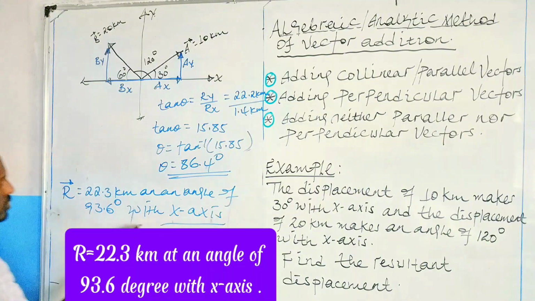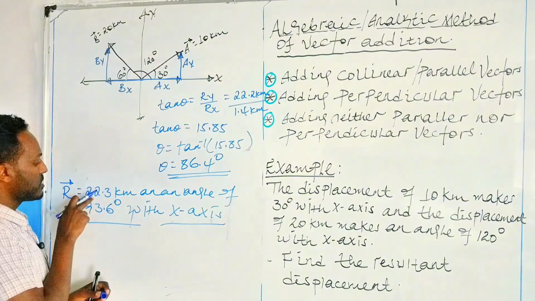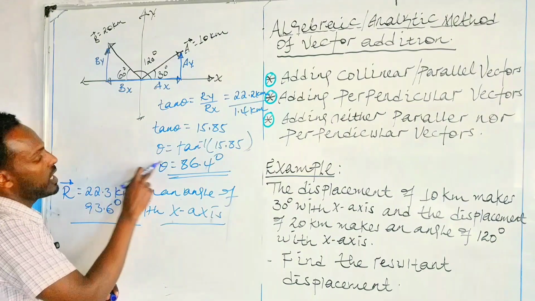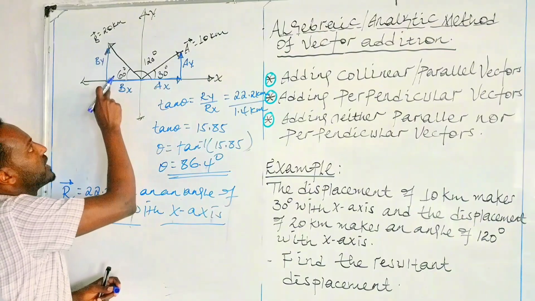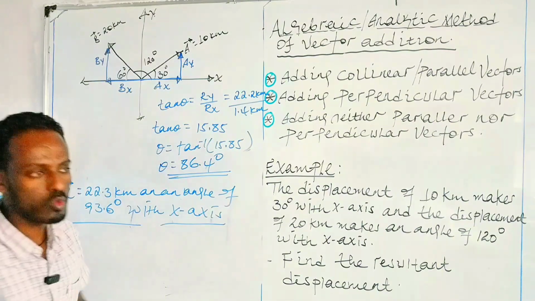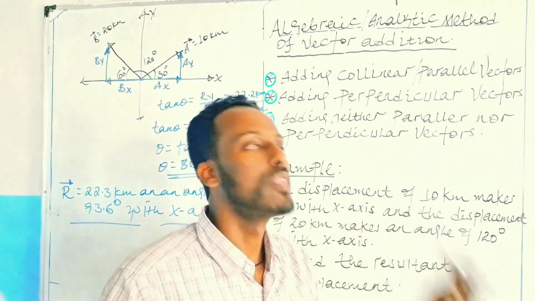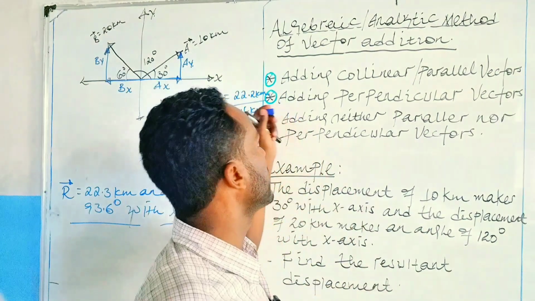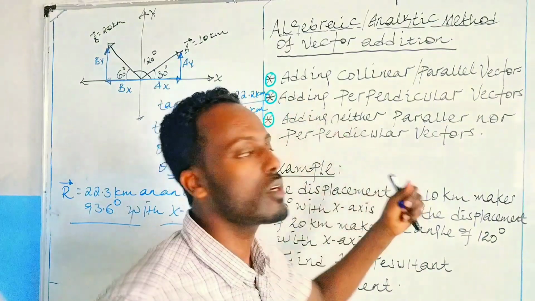Or the resultant vector is 22.3 kilometer at an angle of 86.4 degree above the negative x axis. So this is all about combining vectors mathematically, or by using the algebraic or analytic method.